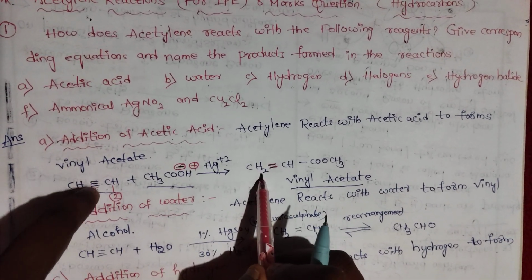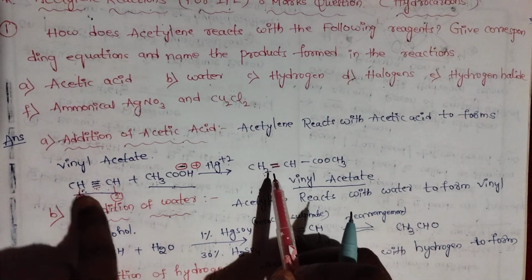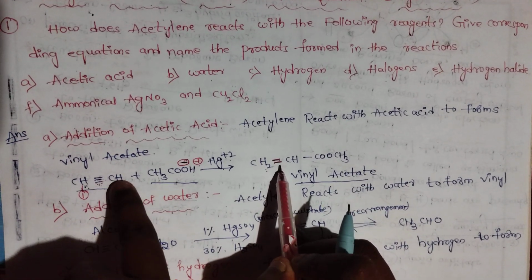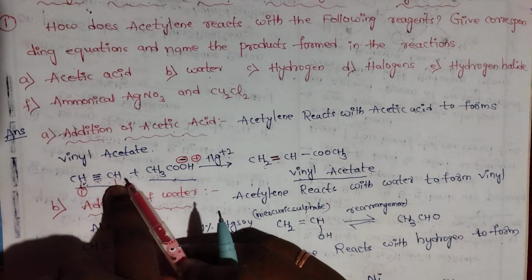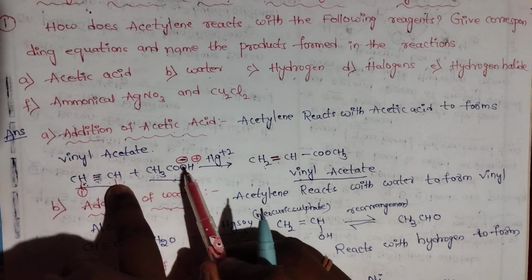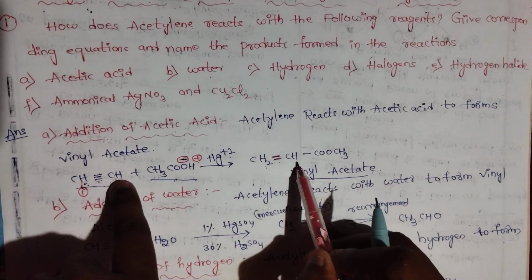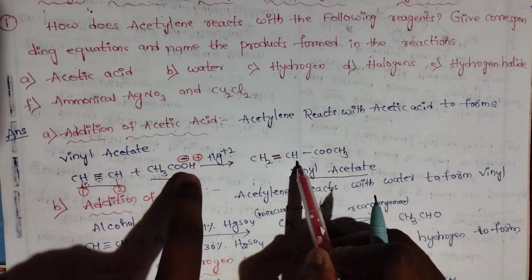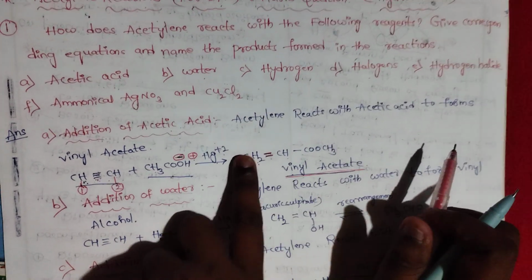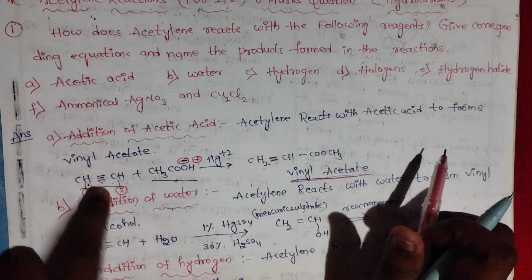By the addition of groups the bonds decrease, so the triple bond is converted into a double bond. In acetic acid the remaining ion is CH3COO minus, which adds on the other side. Finally we get CH2=CH-OCOCH3. This is called vinyl acetate. This is the reaction of addition of acetic acid on acetylene.